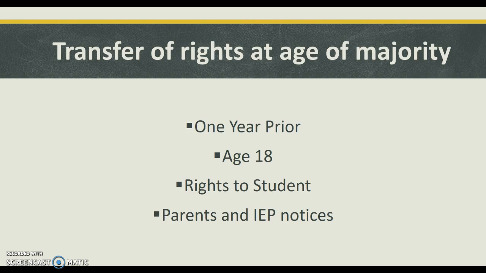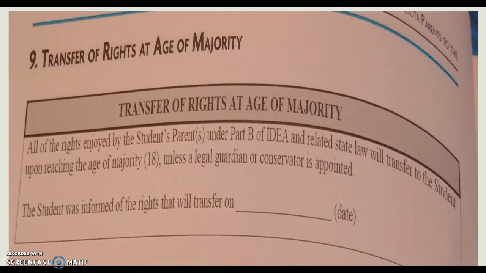But up until the student is 18, the parents will still have the legal rights to the IEP and notices of the meetings. But we're trying to get the students to gear towards what's going to happen after high school. And here's what it's going to look like in the IEP, and what date it will be transferred upon.